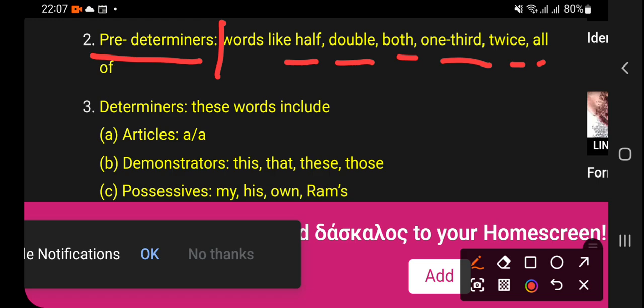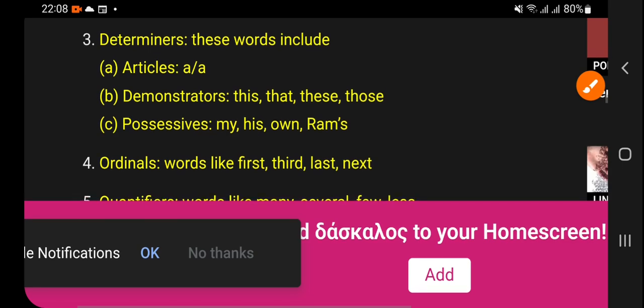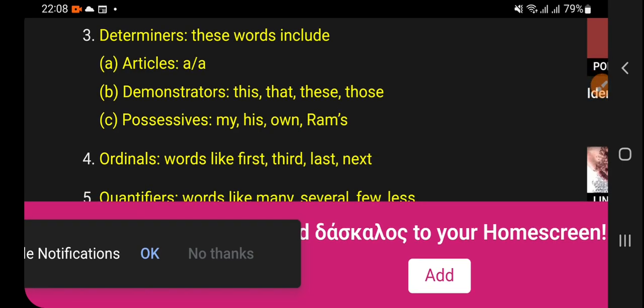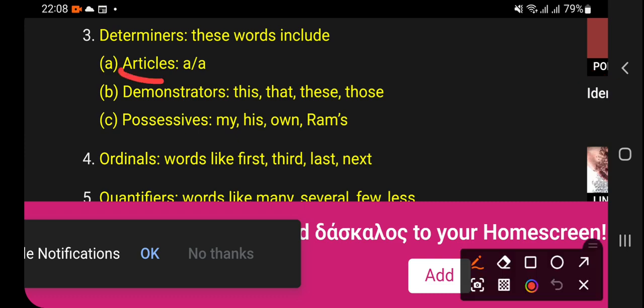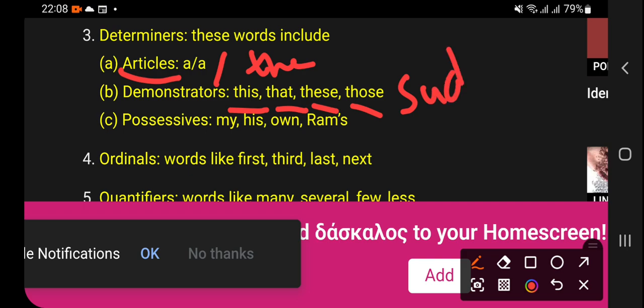This is another possibility which may be part of a noun phrase. Now next is determiners. Those include articles: a, an, the. Then demonstratives: this, that, these, those, and one more, such.